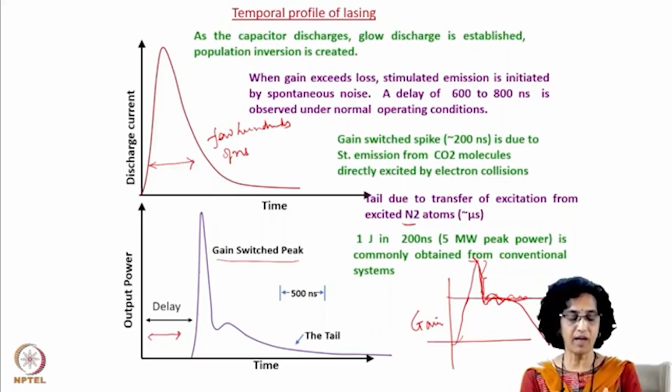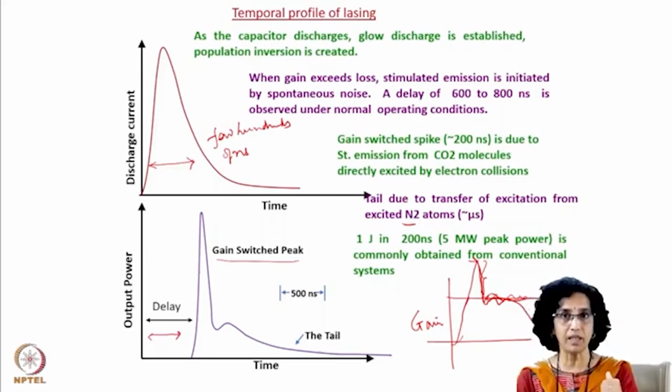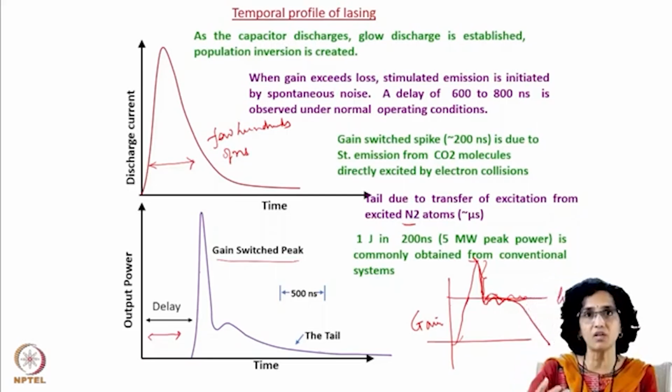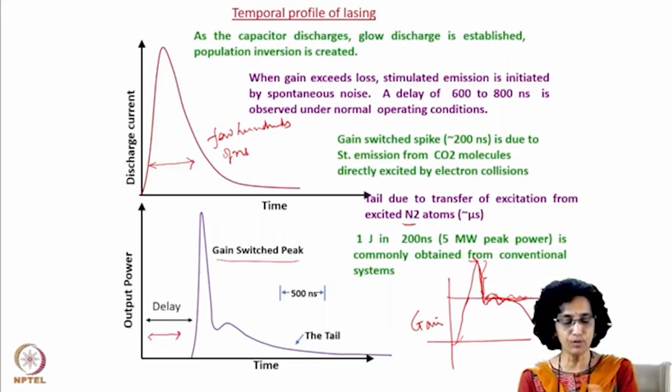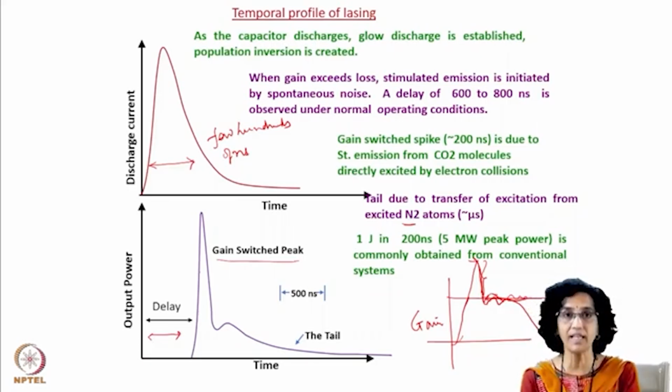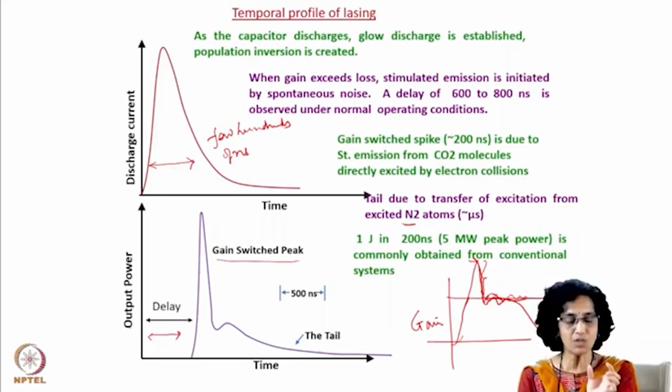So if we want to have a less gain switch spike and a large duration of the pulse, then you can increase the concentration of nitrogen. On the other hand, if you do not want a much longer tail, then we can try and reduce the nitrogen concentration so that our pulse duration becomes smaller.